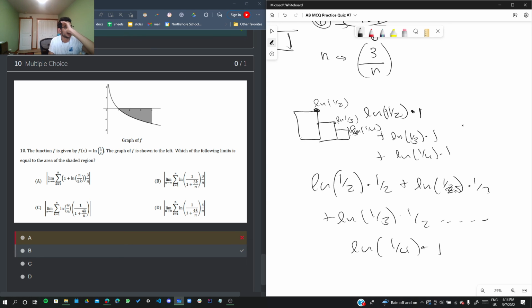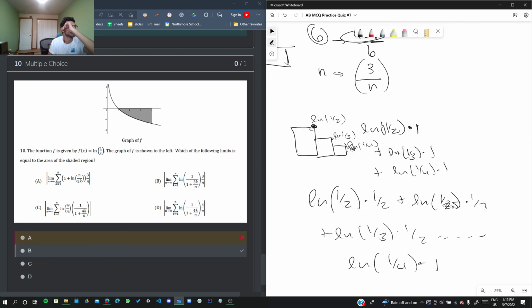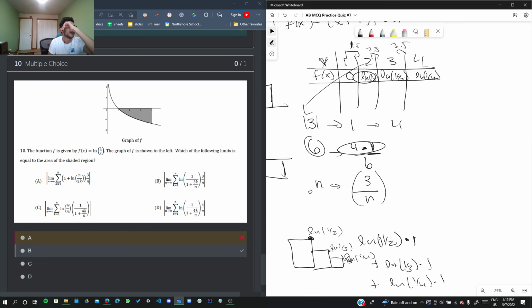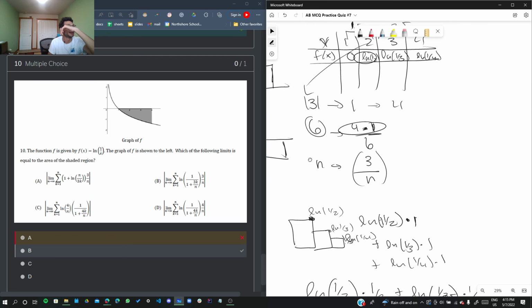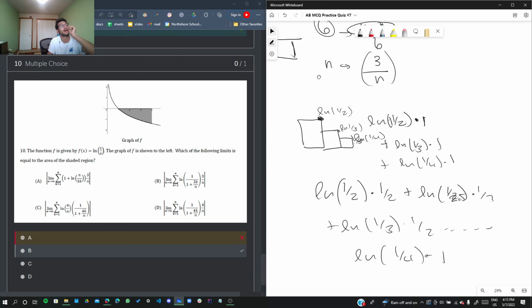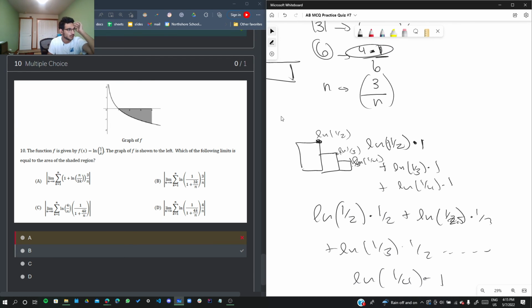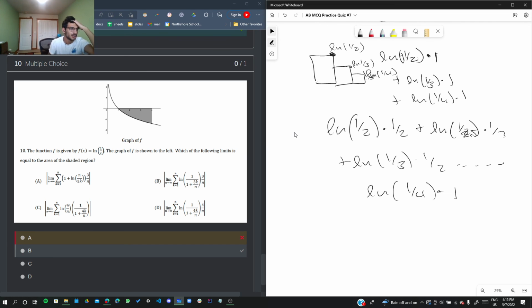Okay, I don't know why I'm starting with 2. Wait, no, actually, it kind of makes sense. But basically the same idea is, what if you had n number of rectangles? So we start off with 1 over here, and here it was like 3/6, so it's the interval over the number of rectangles.